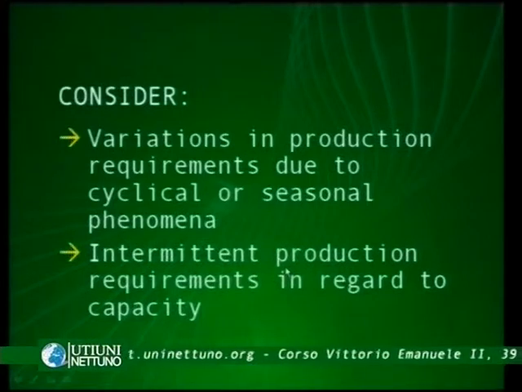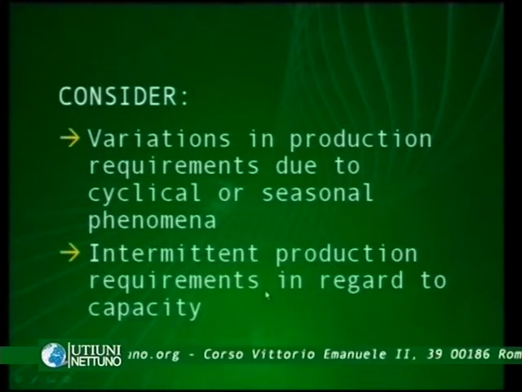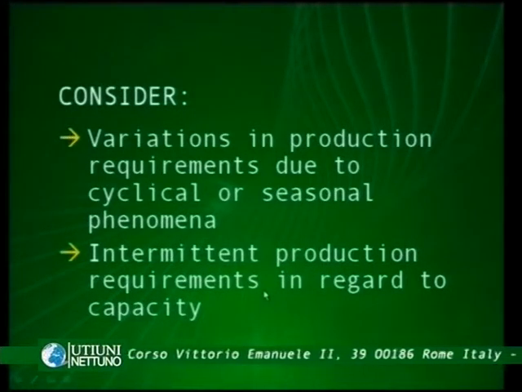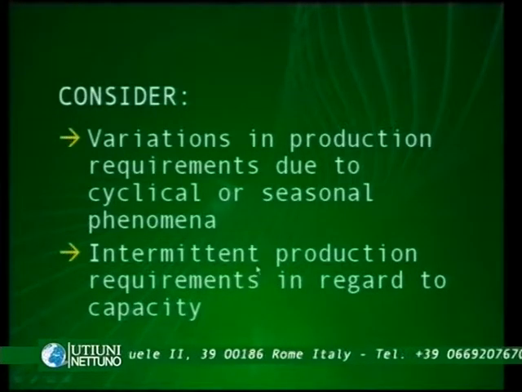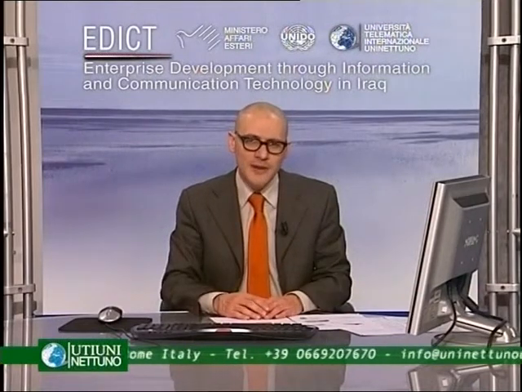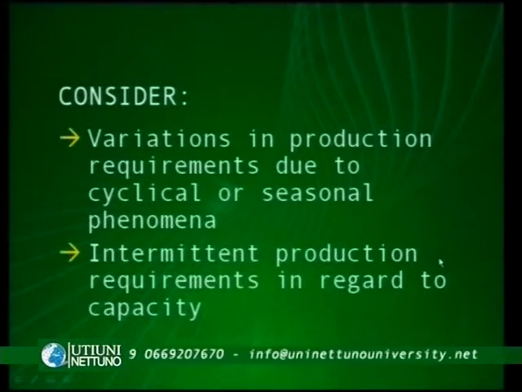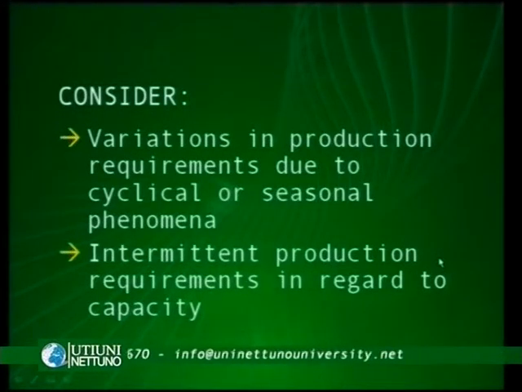But for intermittent production, requirements are crucial as well. So when it comes to intermittent production, that one could be a choice of the company, and this is a very important link to what we will explore during next class, which is dedicated to the employment of human resources in the production activities.